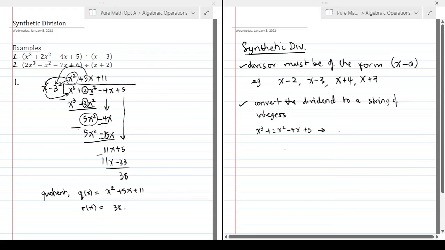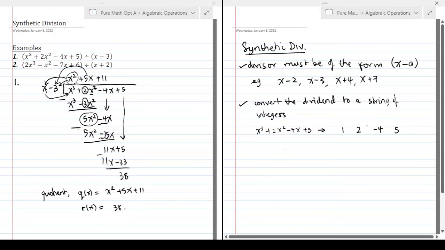Now you can't put them too close together. You have to sort of space them out a little bit, because unlike a regular number, like I had 1983 just now, I have negatives inside there. So I will put it as 1x cubed, 2x squared, negative 4x, and then 5.